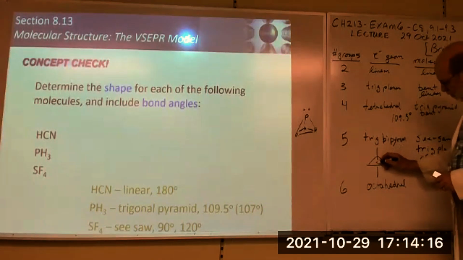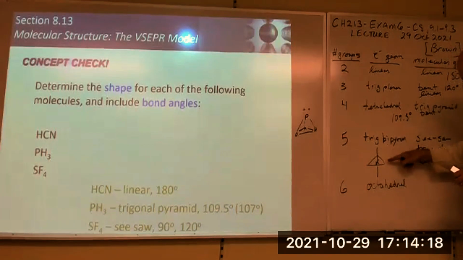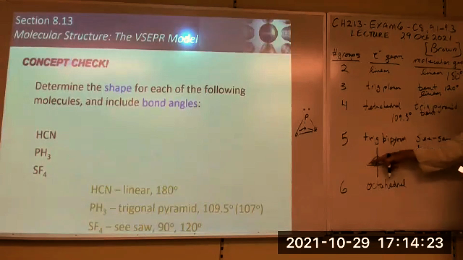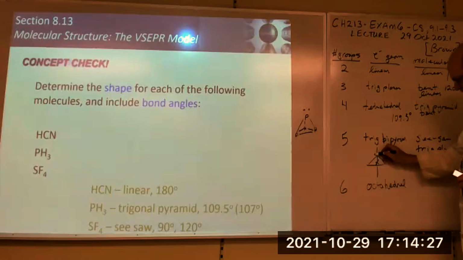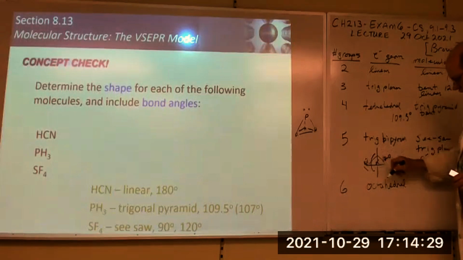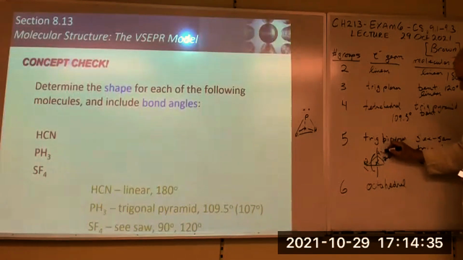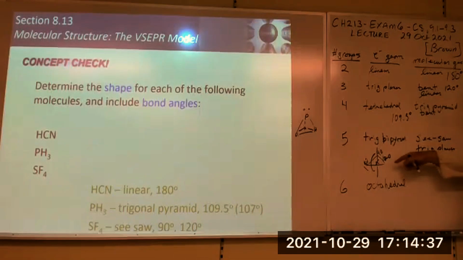The bond angle between this central atom and these others here is 120 degrees in the triangle. But here the angle is 180. The bond angle between this one and any one of these on the triangle is 90. So you got those 3 possibilities, 90, 120, 180.